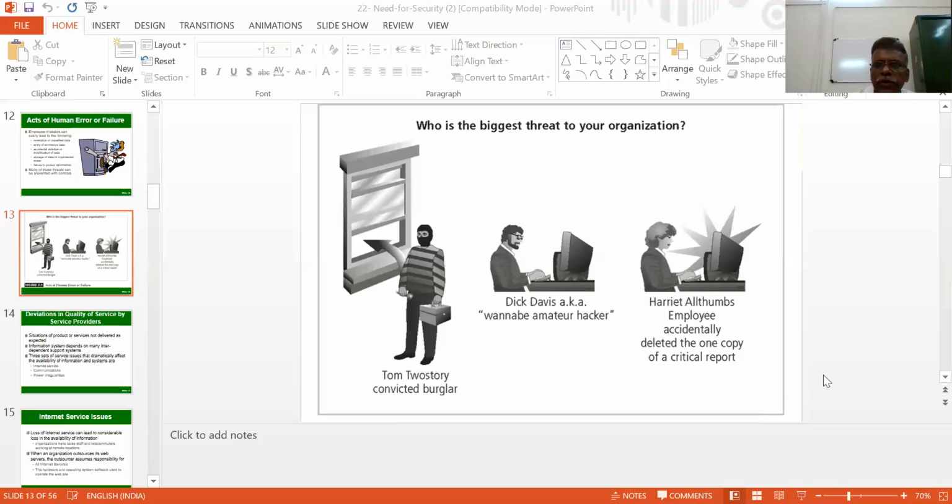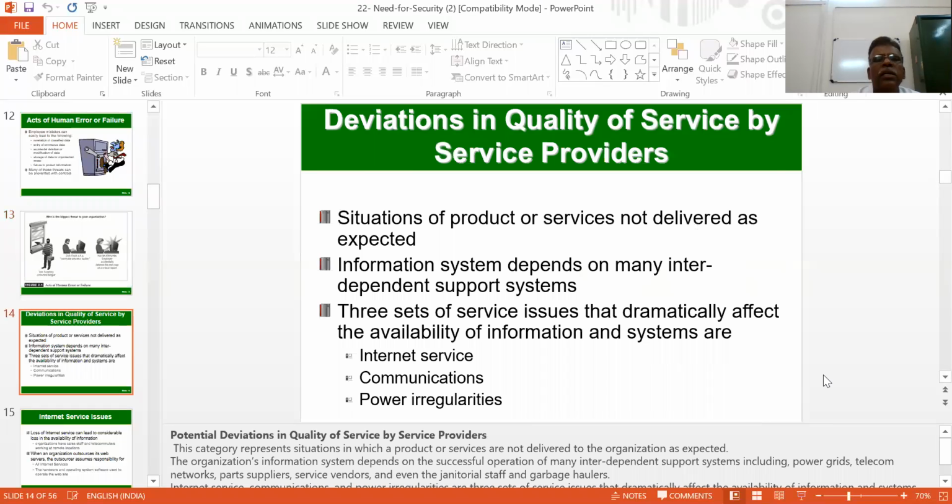And next, which follows very clearly, is the deviation in quality of services by the service provider. Suppose we are getting all sorts of components from vendors, proprietors or industries.